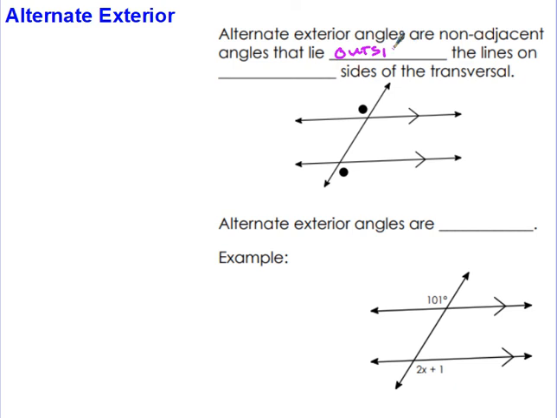So they lie outside the lines on different sides of the transversal, and alternate exterior angles are always going to be congruent. So alternate exterior, these would be congruent.